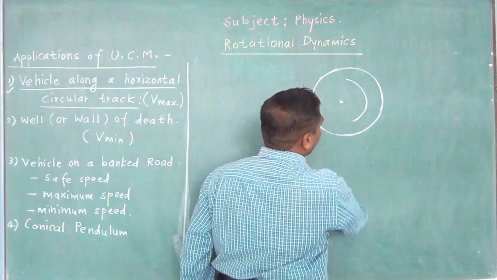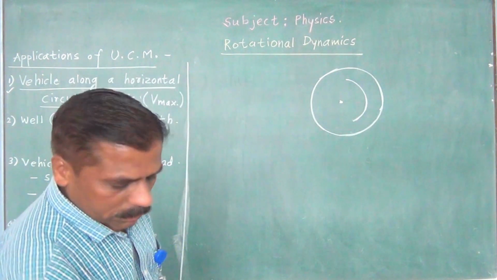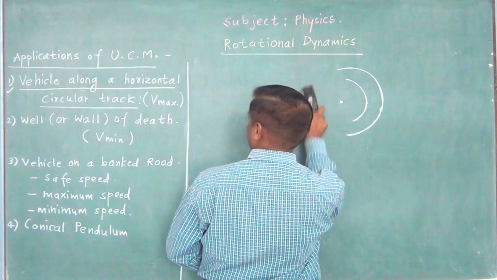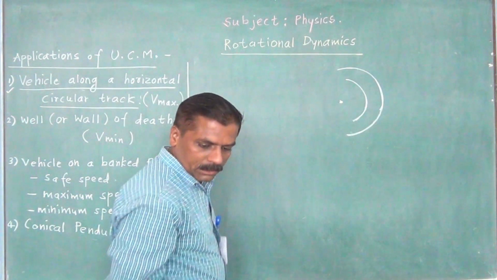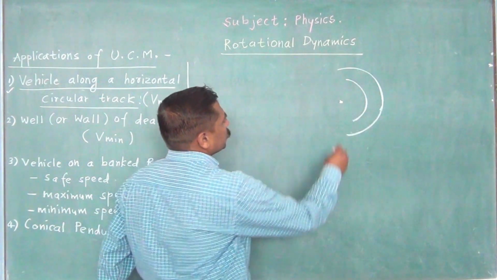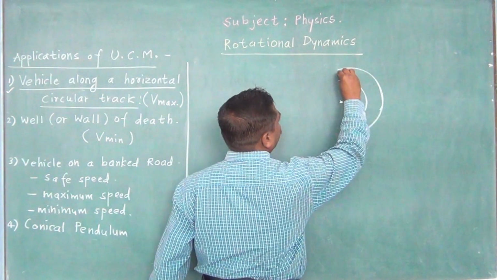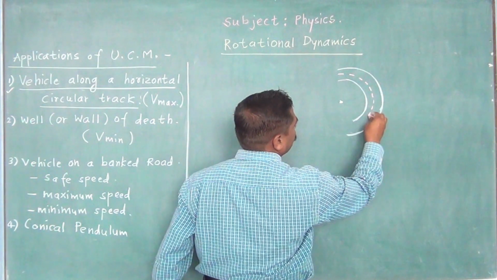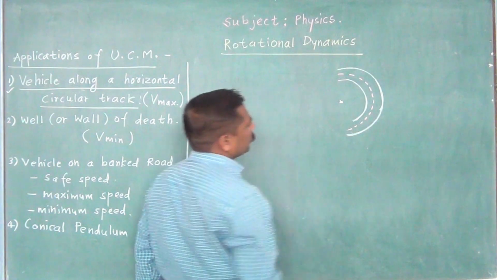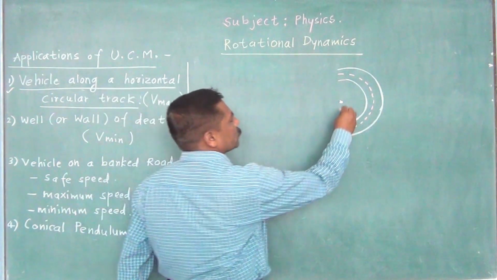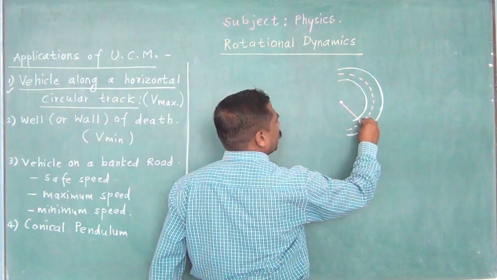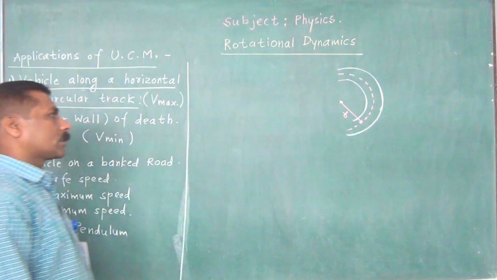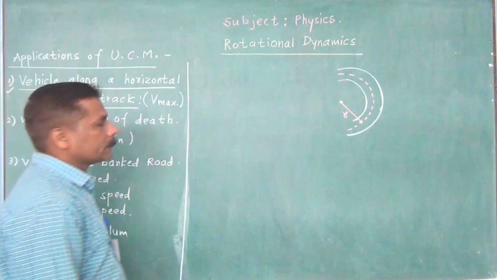This distance is considered as the radius of the circular path.